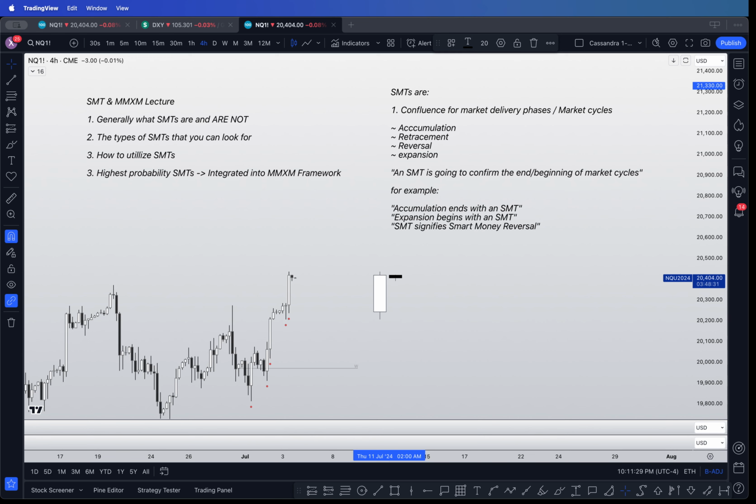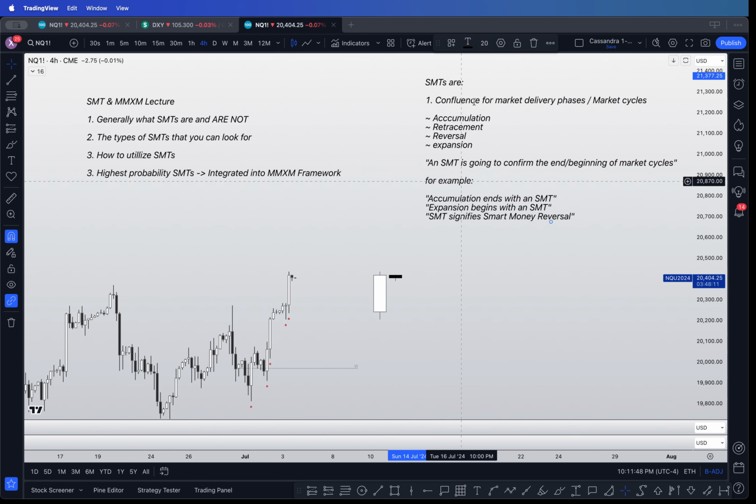So this is showing your understanding that we can get insight into what phase of market delivery we are in based on SMT. That's what it is. It's a confluence for market delivery phases or market cycles. That's the primary tool, and that's how we're going to use it.